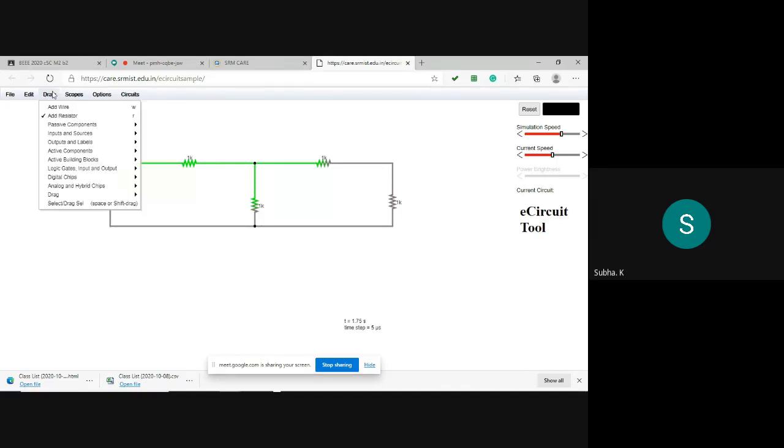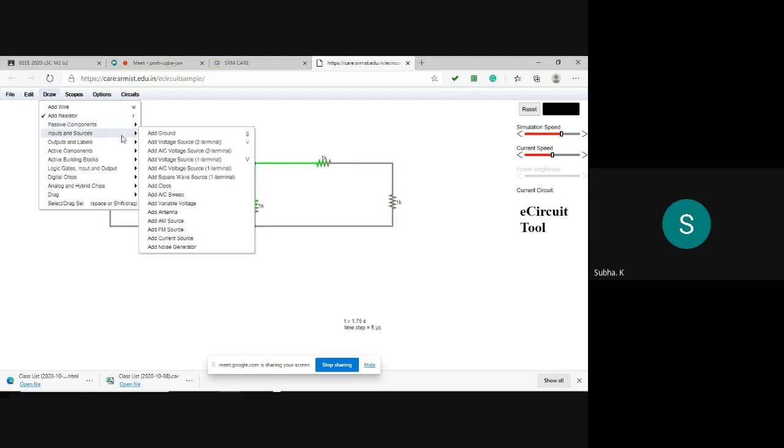Check whether a variable resistor is available. Check all the components, and if there is any variable resistance, you tell me.